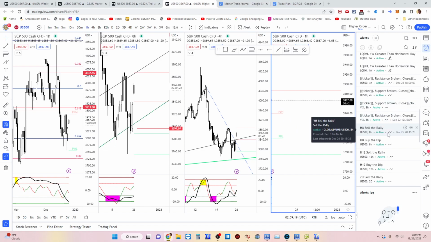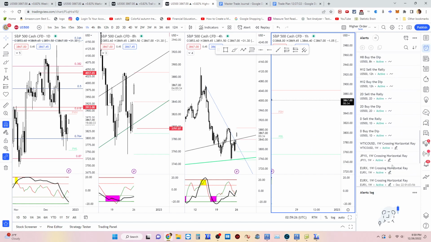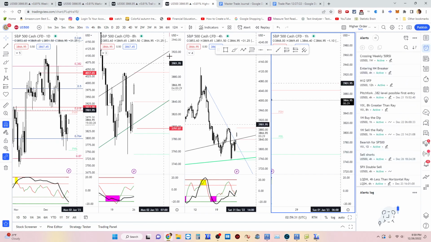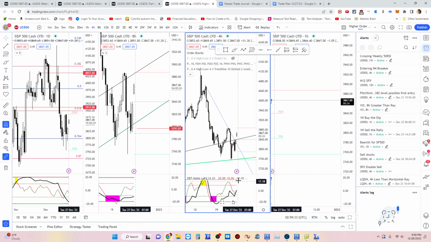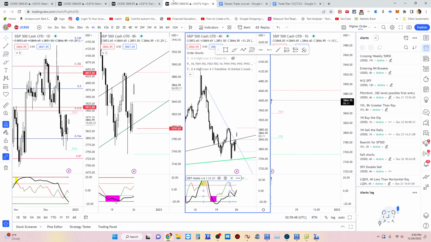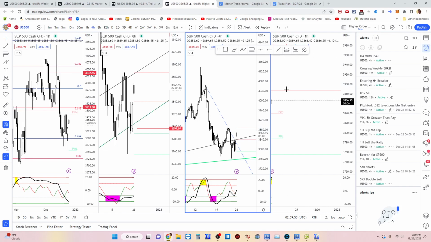So we got one on the H8, or we want one that says sell, I think. We don't have any Momo alerts, so we'll set one. Double sell, that's what we're looking for. H4 Momo double sell, or sell. There we go. That's the main one we're looking for, is this one.